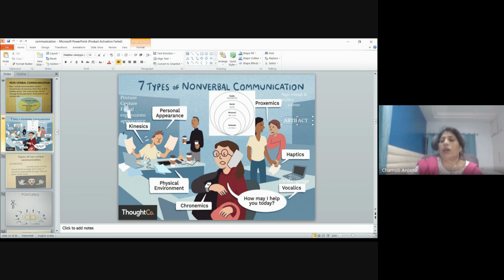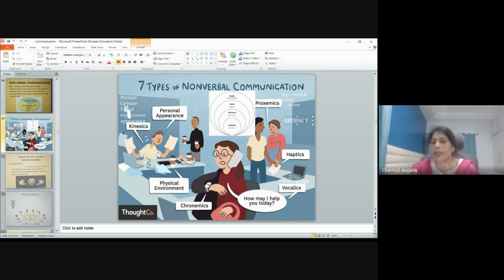Artifacts are the objects that have an impact on the communication. The objects, in the sense, the objects that are used by the people and what it communicates.